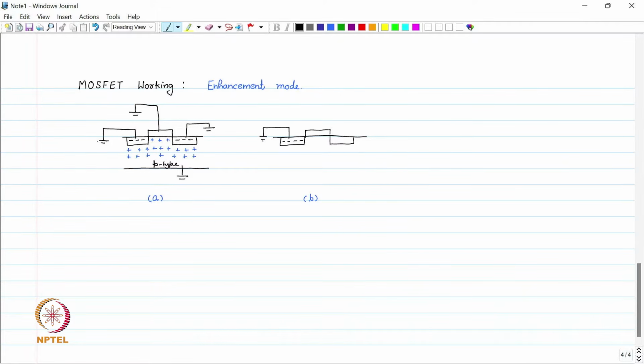Source and drain are still at 0 volt, and gate is now having a voltage applied.